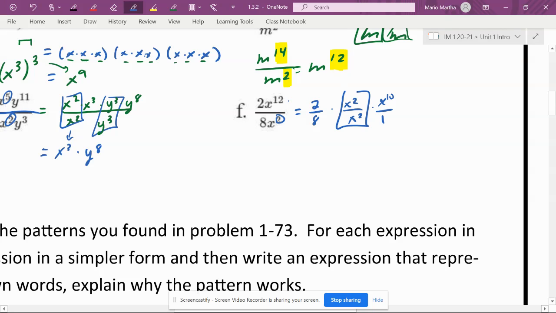So this is our giant 1 right there. And then remember, this is 2 times 1, and then this is 2 times 4. And then you have a giant 1 right there. So there's just 1 over 4 times x to the 10th. And you can always rewrite this as x to the 10th over 4.